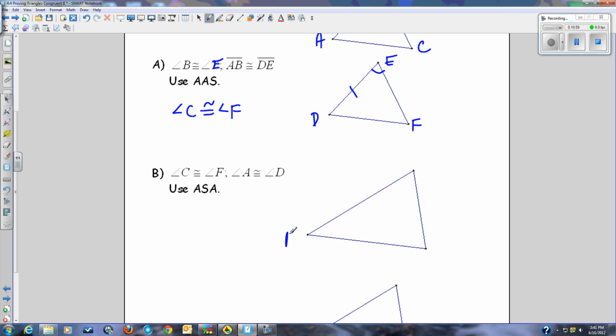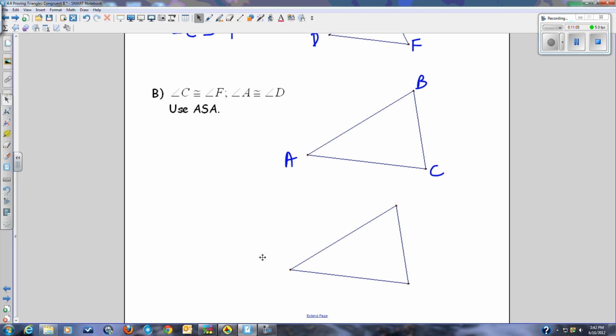Let's label these triangles. Alright, so we're given the information that angle C is congruent to angle F, and that angle A is congruent to angle D. And we're asked to use ASA to prove that these triangles are congruent.